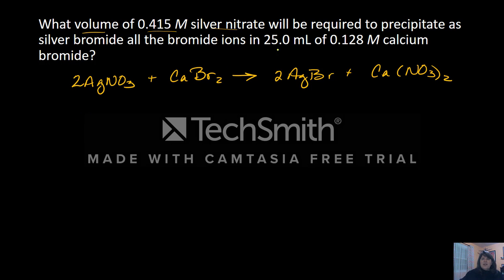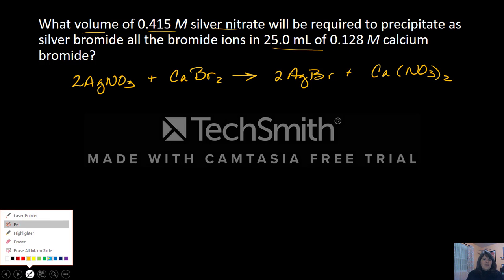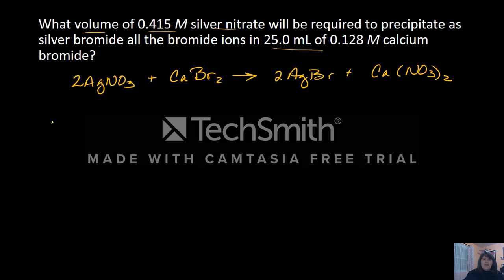Okay, so we're going to start off with what's given of the calcium bromide. So for the calcium bromide, we have 0.128 moles of calcium bromide. And I'm going to draw a big line. And the molarities per 1 liter. And I've been given the volume.